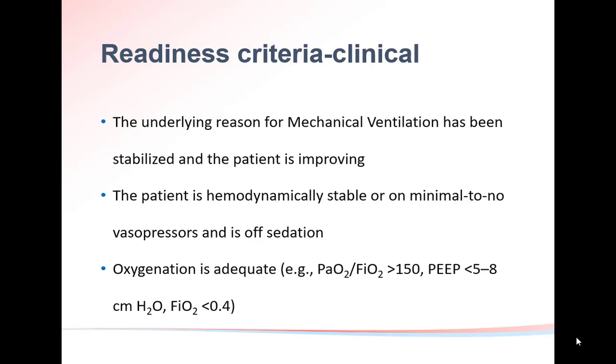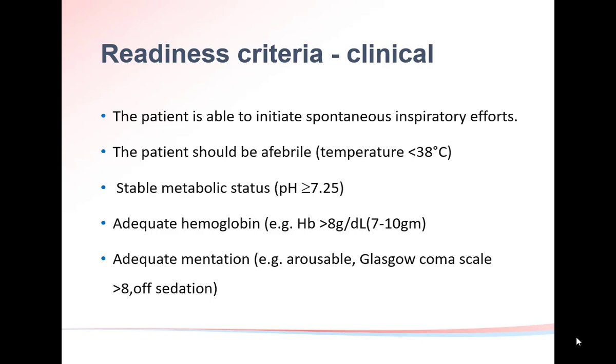Now it is the time that we all should start talking in terms of PF ratio rather than PaO2. In your rounds everywhere, you should talk about what is the PF ratio, because that's more important than what is the PaO2. Then the next is that patient is able to initiate spontaneous breathing efforts, that he is able to trigger the ventilator and you know that he is spontaneously breathing.